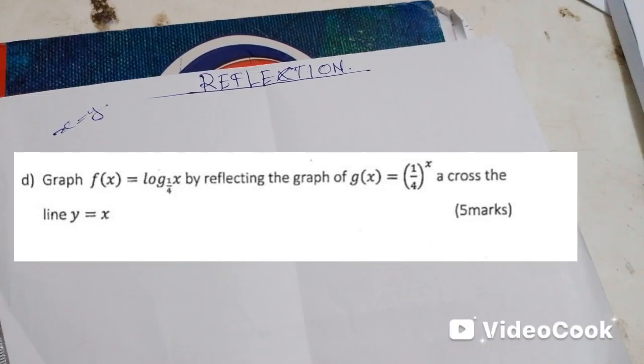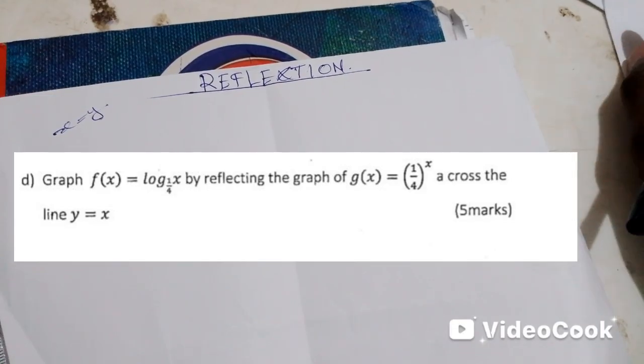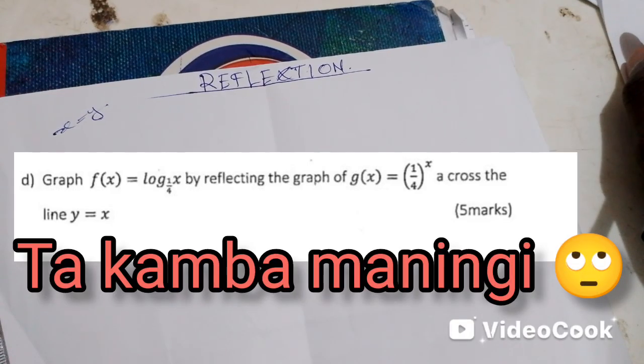So that line, we're going to make a reflection. What they're asking is that we graph f(x), the log, by reflecting g, so that it looks as if I've drawn the log, or f(x).